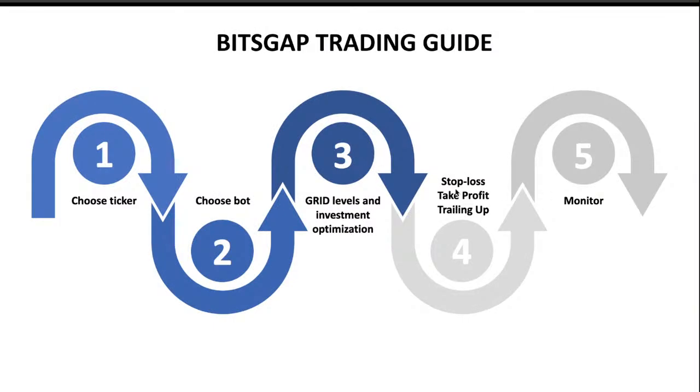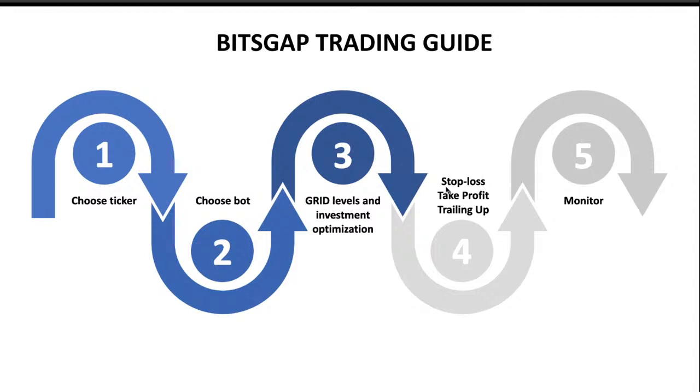Make sure that you selected the stop loss, which is the basic principle of risk management, in case the market starts moving in the opposite direction to what you predicted. In order to have control over your investment, make sure that you have a stop loss to minimize your potential loss.